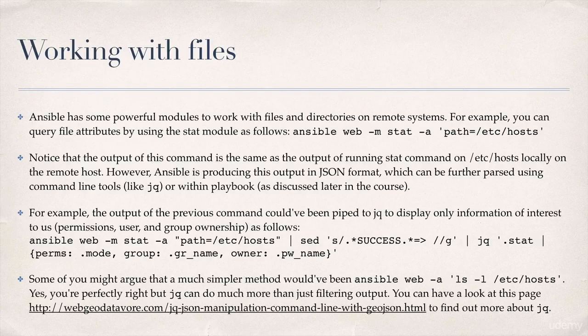For example, you can query file attributes by using the stat module as follows. Let's say that you want to have a look at the different properties of a file on the remote system. If you want to use Ansible for that, let's clear the screen, and it's as simple as using ansible.